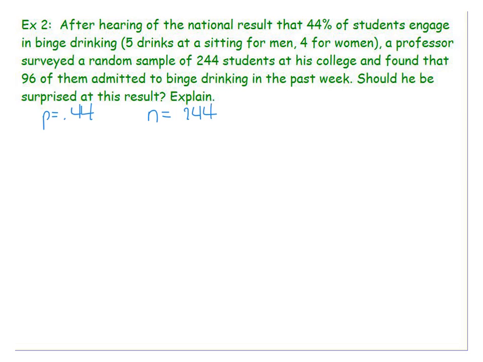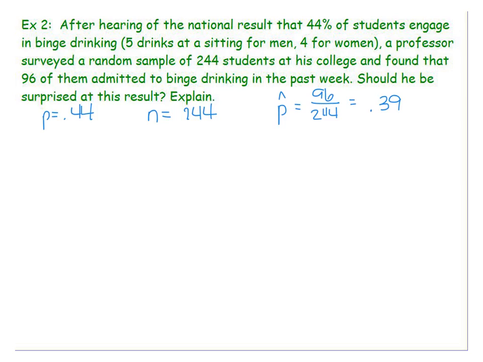Now, to find P hat, we have to do just a little bit of work because it doesn't give us a percentage. It gives us a number. It said 96 out of those 244 students admitted to binge drinking. So if you take 96 divided by 244, you should get 0.39 for your P hat.